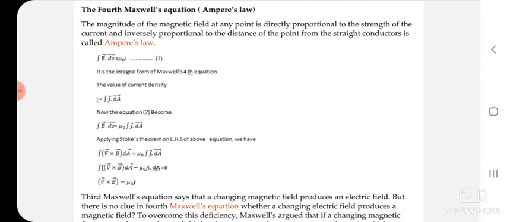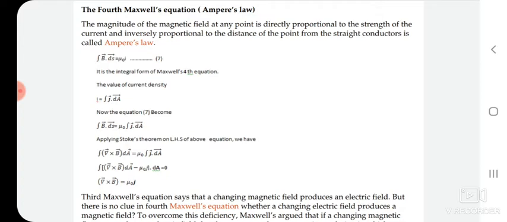The magnitude of the magnetic field at any point is directly proportional to the strength of the current and inversely proportional to the distance of the point from the straight conductor. This is called Ampere's law.